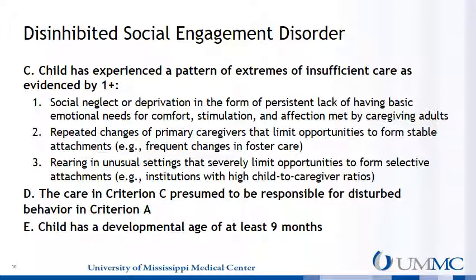And similar to reactive attachment disorder, the care in criterion C is presumed to be responsible for the disturbed behavior highlighted in criterion A. For disinhibited social engagement disorder, the child must also have a developmental age of at least 9 months.